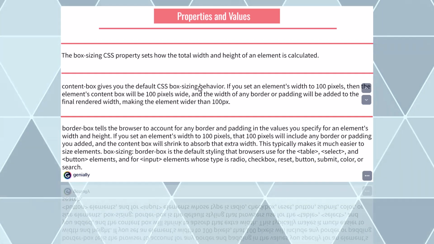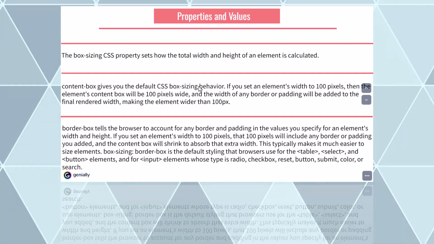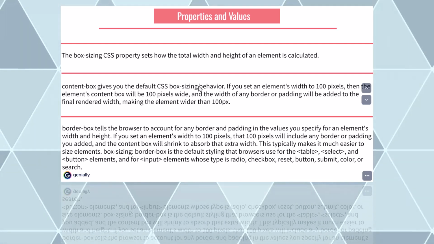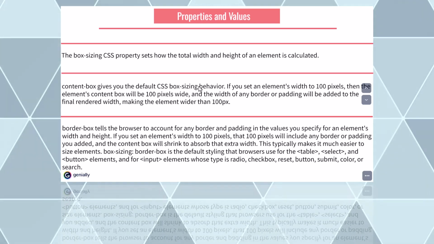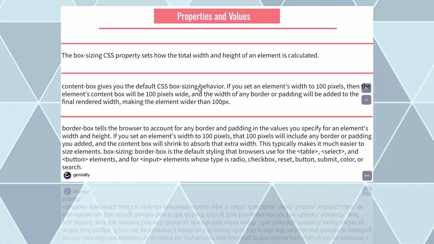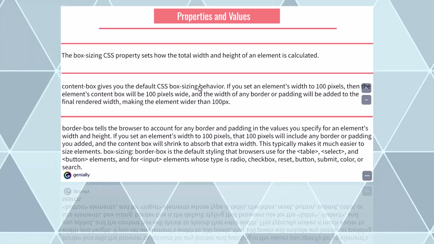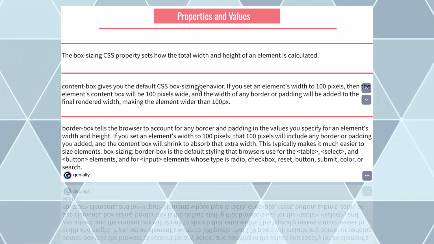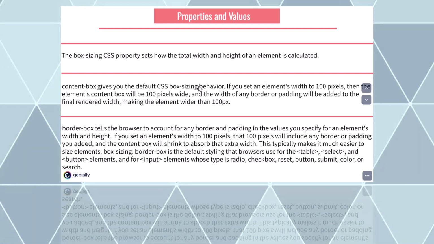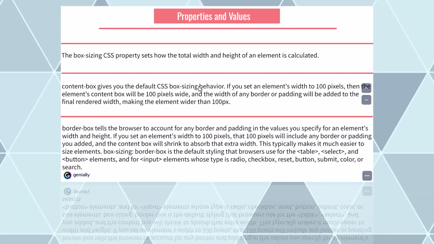So without borders, this is 100 pixels, right? But the minute we add the border, remember the border also has a width. Let's say we give it a width of 100 pixels. Then the total value being calculated is going to be 200 pixels, because it's adding the border width to the element. Right.